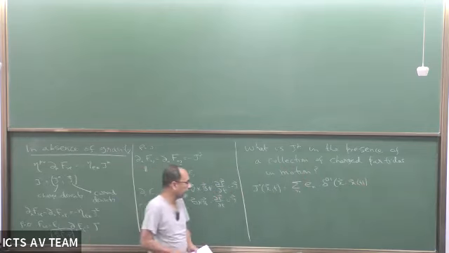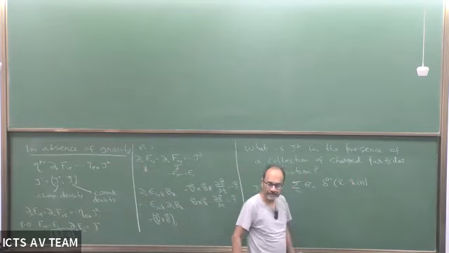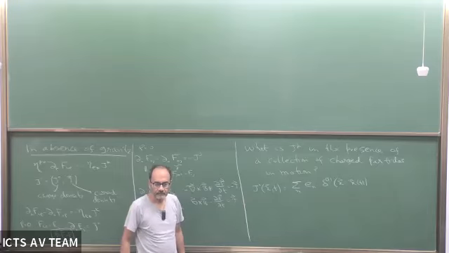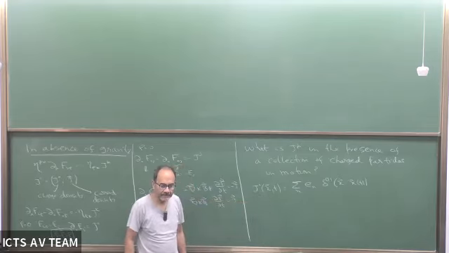That's what this delta function is telling us. And it's time dependent because the particle may be moving with time. Velocity doesn't enter the definition of the charge density. The velocity will come in the definition of the current.